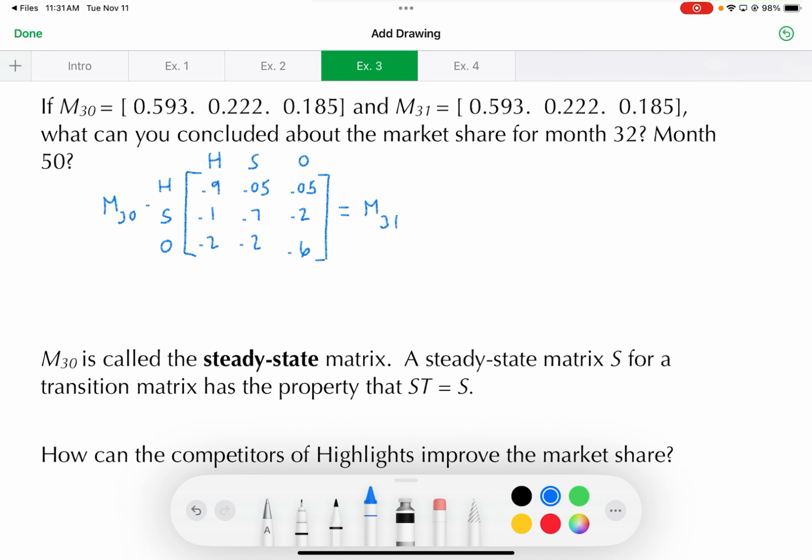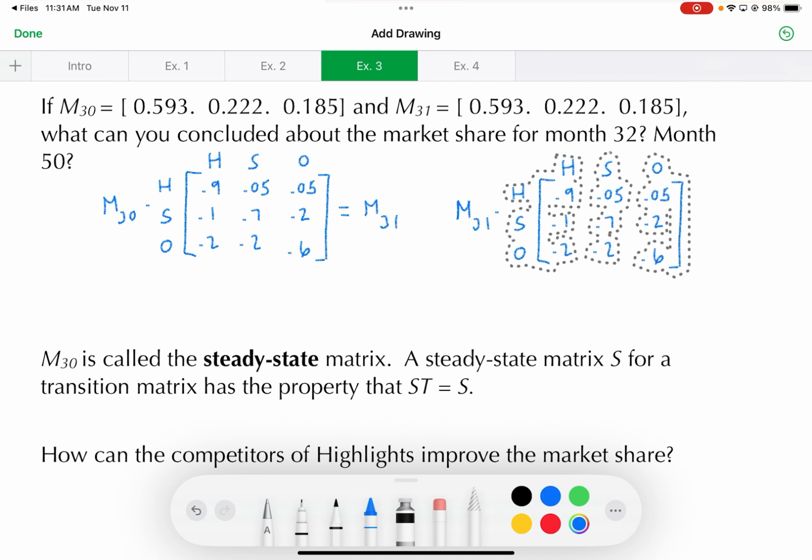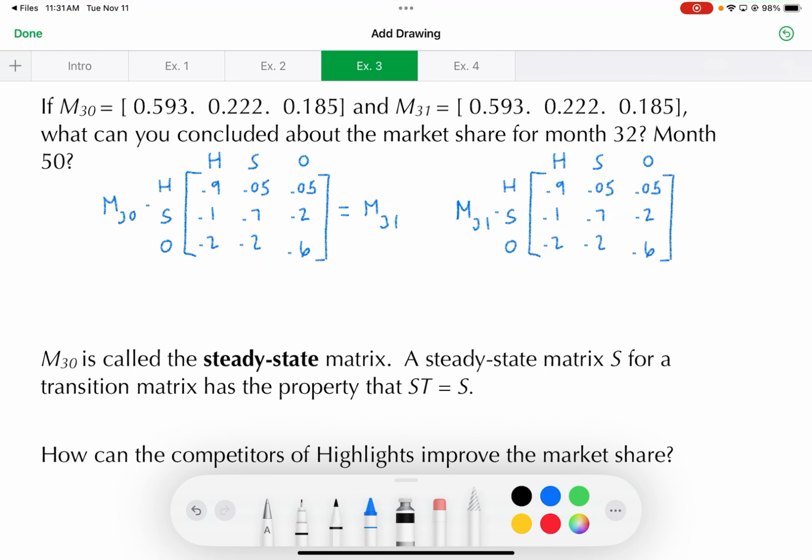Okay? Well, then I take M31, I multiply that by the same transition matrix. That's going to give me the same result, which we know is supposed to represent M32, right?